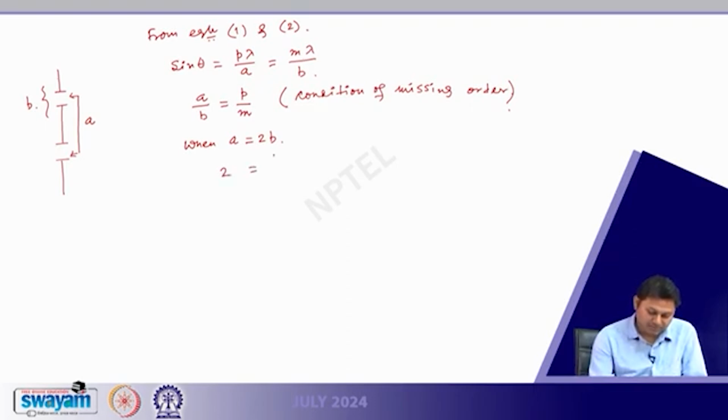So we have p by m equal to this. P is the order for maxima. So p will be 2m.